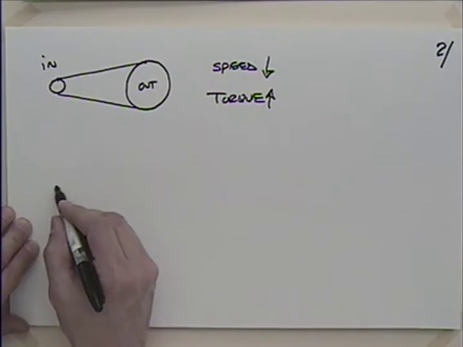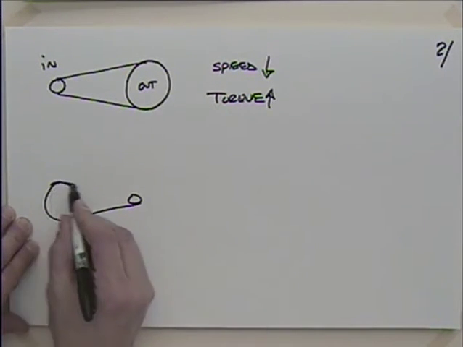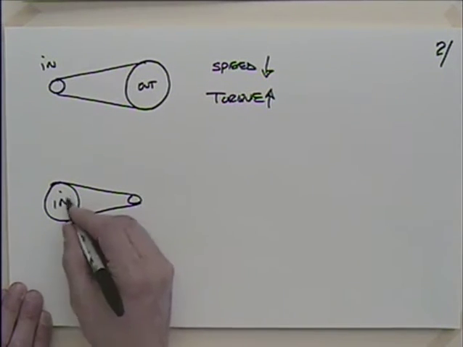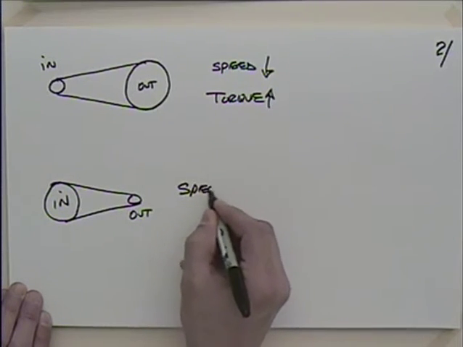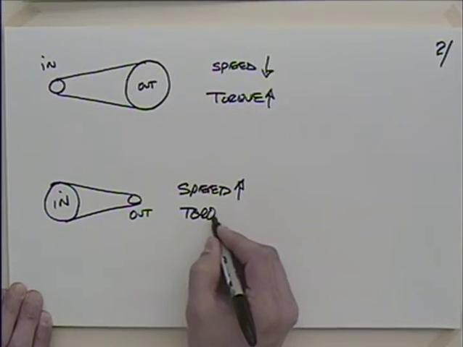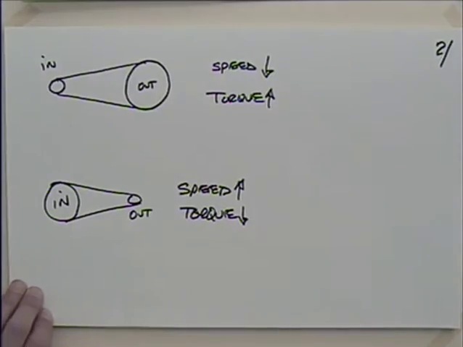Whereas if I change this around, if I have a large pulley driving a small pulley, and this could be a belt or a chain arrangement, and I take this as the input and this as the output, then the speed is going to be increased and the torque is going to be decreased.